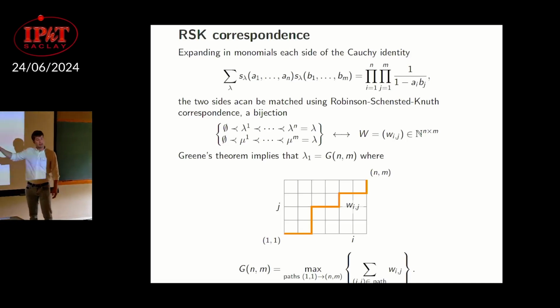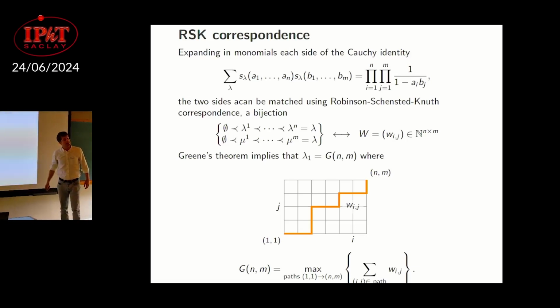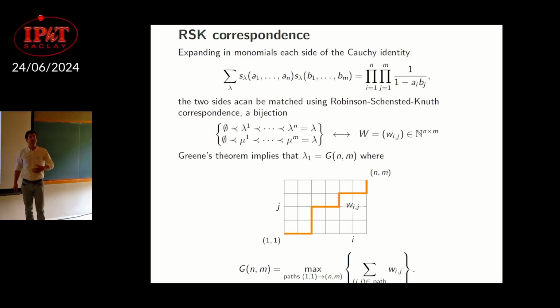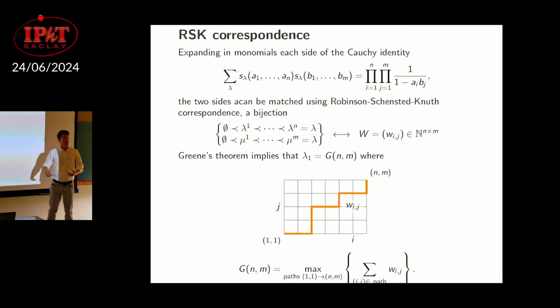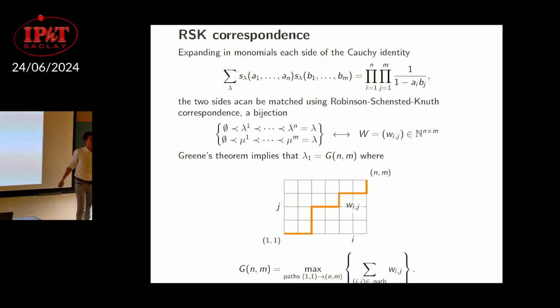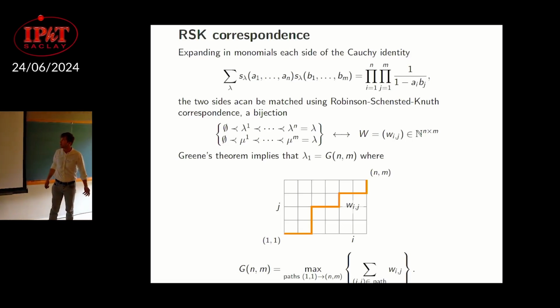As I said, each Schur function s_lambda is a summation of monomials over a certain sequence of interlaced partitions. So on the left-hand side, if we expand into monomials, we naturally see two sequences of interlaced partitions that end up in the same partition lambda. That's what will arise in the left-hand side of the Cauchy summation identity if we expand.